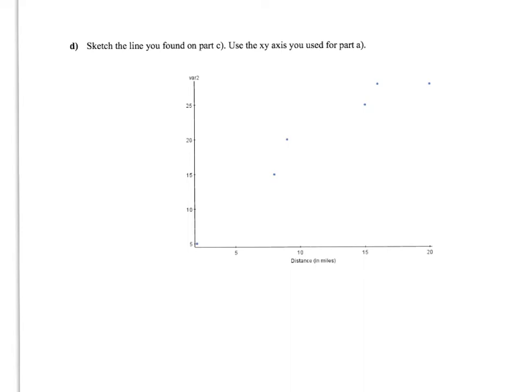Now let's go to part D. Part D is asking you to sketch that line you found in part C into your scattergram. Remember, to graph lines, we basically need points. That's the easiest. So right away we know that this is a point.